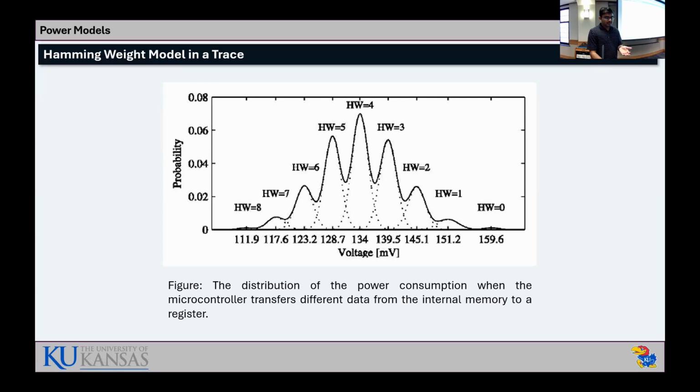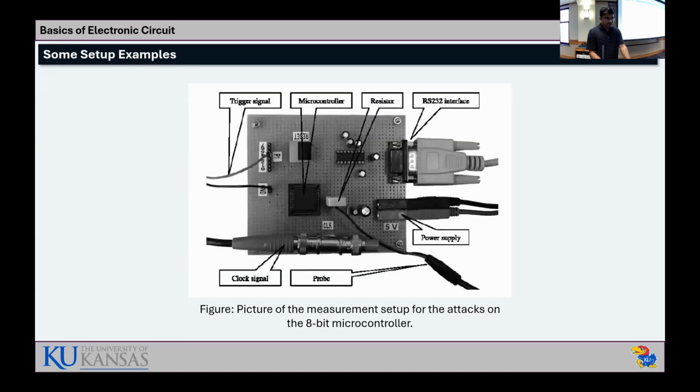So now we can distinguish inputs from the trace itself, like an unknown trace. If now I give you an unknown trace, you can analyze it, and then you can say what kind of Hamming weight it has, right? Or what kind of input it has. Any questions so far?